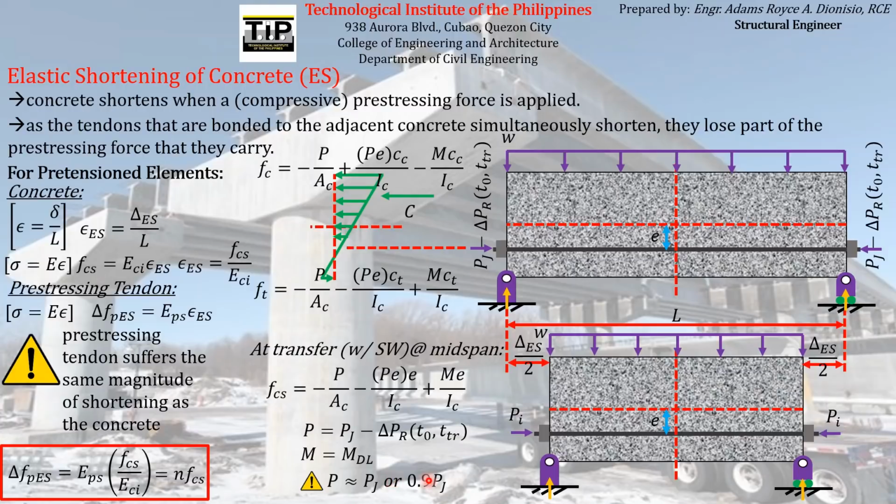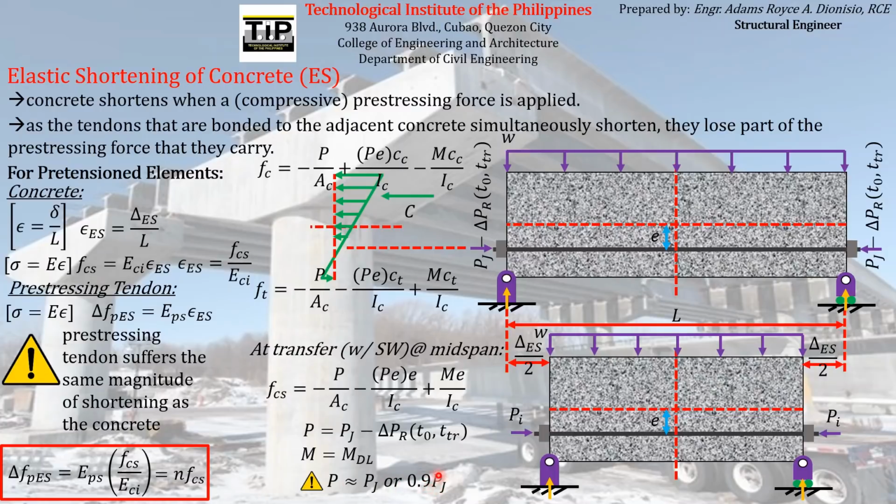Or, for safety purposes, we can assume that this pre-stress loss due to relaxation of the steel or the pre-stressing reinforcement is just 10% of the jacking force. Therefore, the remaining force on the pre-stressing reinforcement after the occurrence of this relaxation will be just equal to 90% of the jacking force.